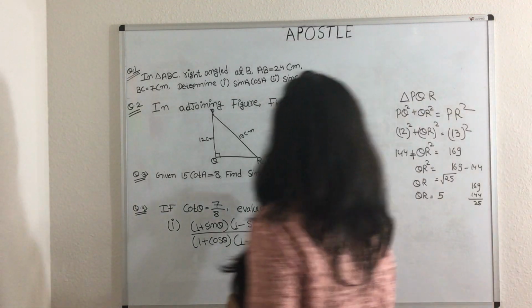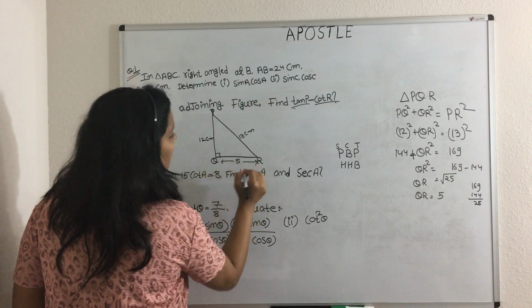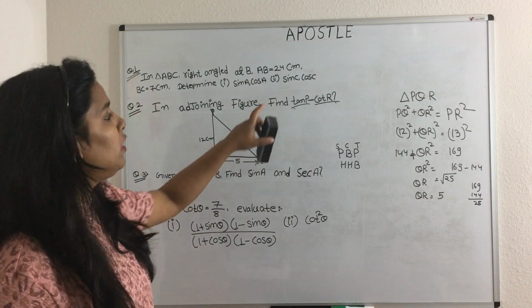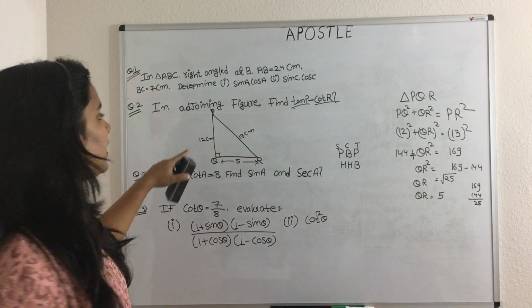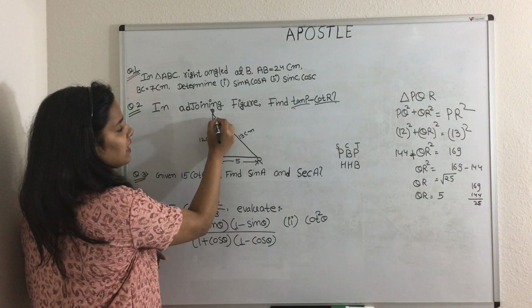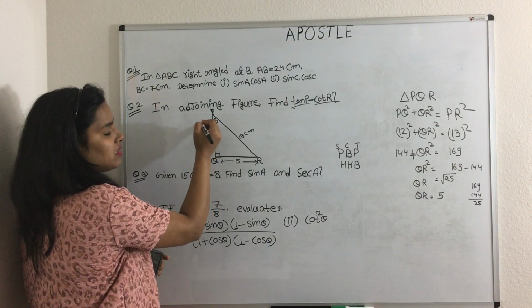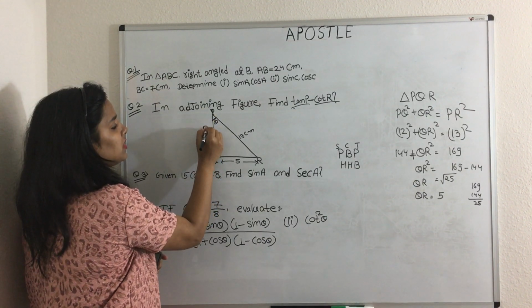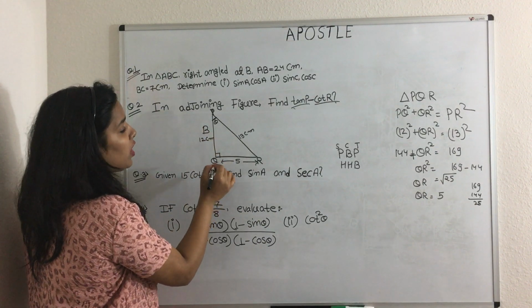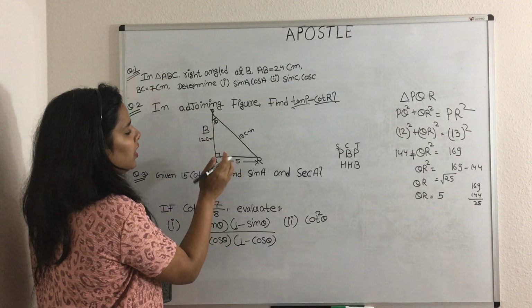Now we have the value of QR. Now we have to find out the value of tan P. In the case of tan P, our theta is here. What is base? Base is the side adjacent to the angle theta. So this is going to be base. And what is perpendicular? Perpendicular is in front of the angle theta.